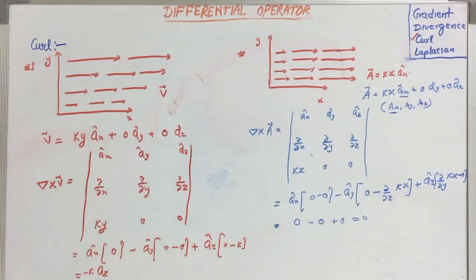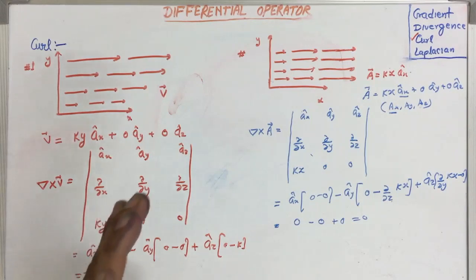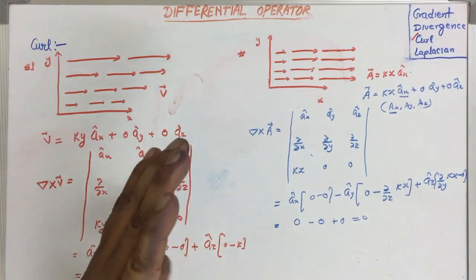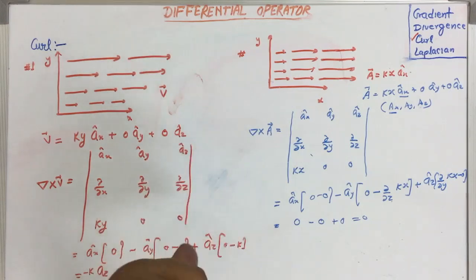It means the field is having a nature to rotate in the direction towards the negative z. It means the field is not irrotational, this is rotational.